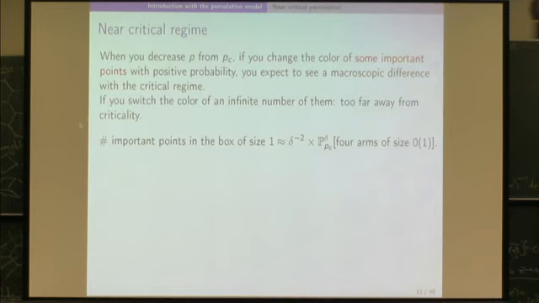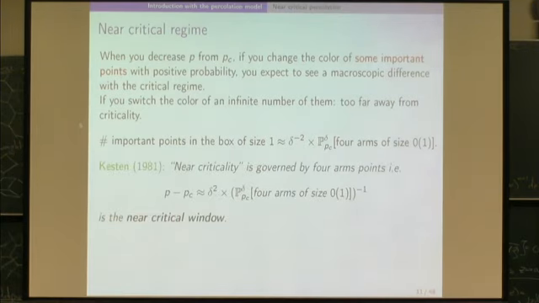So you really have to understand quite well the rate at which you have to change those pivotal points. So it's important to know the number of pivotal points in a box of size 1, and you see that it corresponds roughly to this quantity. You have delta to the power minus 2 points in the box of size 1, and the probability that you have 4 arms of macroscopic size.